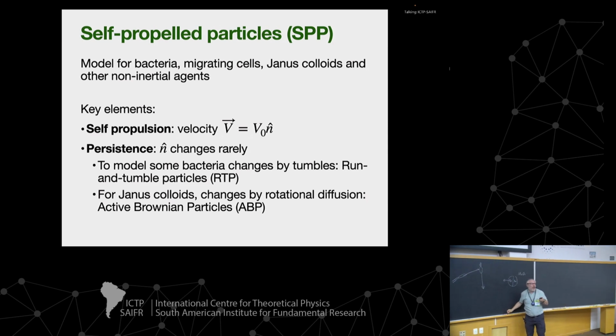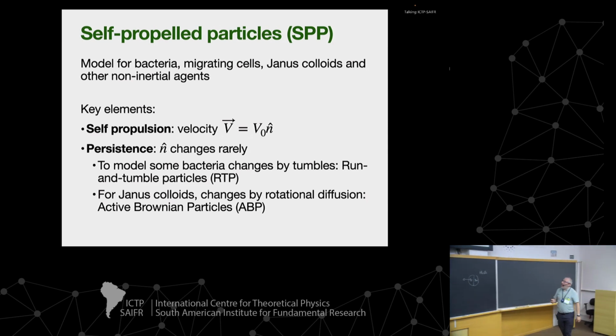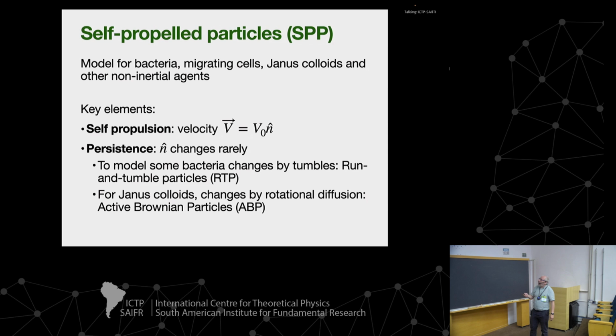That's run and tumble motion. The other limiting case is what takes place, for example, in colloids, where the director changes smoothly by rotational diffusion. So the director is diffusing, following a diffusion equation.